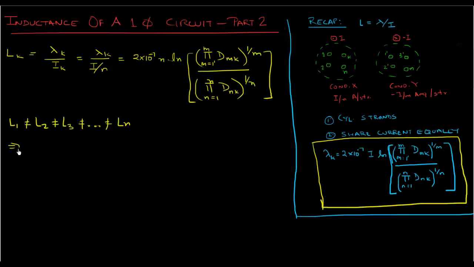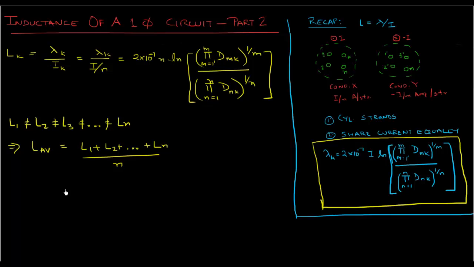But what we do have is, we can say the average inductance is the summation of all the inductances over n. This is nothing but an average function. You have n number of values, you sum them up and divide by n, and you have the average inductance.